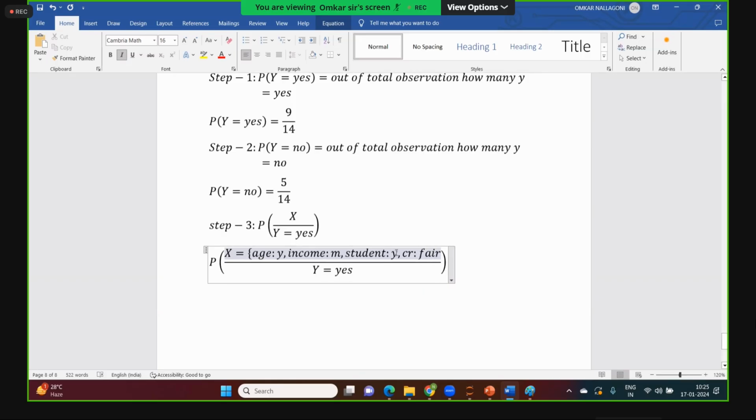So this is yes and this is youth and this is medium. Everyone following with me, right?